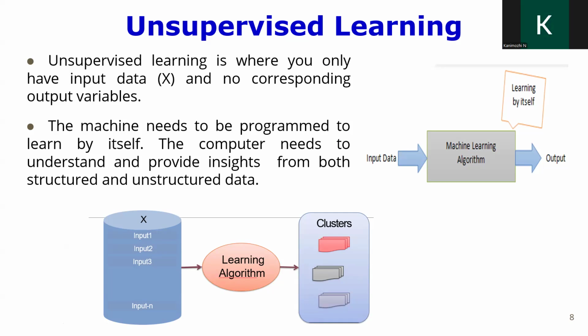The child has to look at the pieces and figure out how they fit together. The machine looks at the data and tries to find patterns or groups. This is called clustering. For example, it might group customers based on their shopping behavior, even though we didn't tell it who buys what. Unsupervised learning helps us discover hidden patterns in both organized and unorganized data without any instruction.